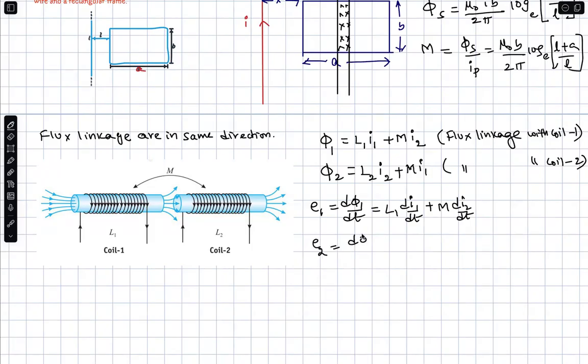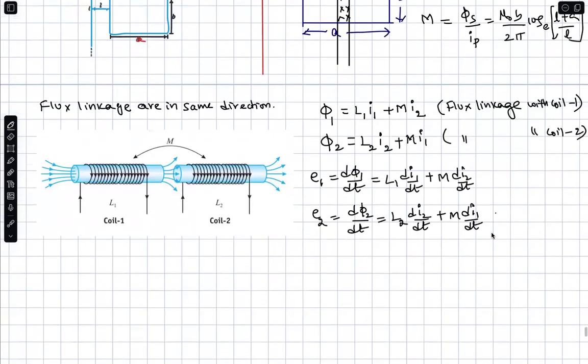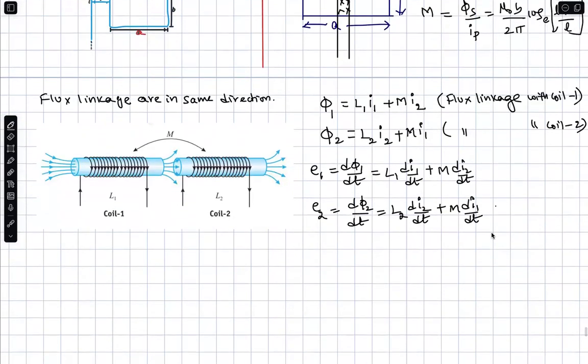E2 is d phi 2 by dt, which is L2 di2 by dt plus M times di1 by dt. That is how you will write the induced EMFs. Remember the condition that allows all this: flux linkages are in the same direction.